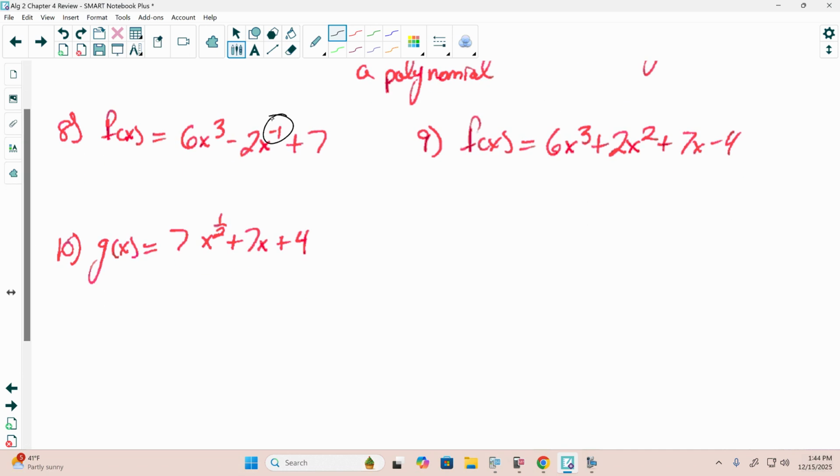For number 8, we cannot have a variable in an exponent, we cannot have a variable to a negative exponent or a fractional exponent, can't have a variable in the bottom of a fraction, can't have a variable in a radical. Because we have x to the negative 1, this is not a polynomial.